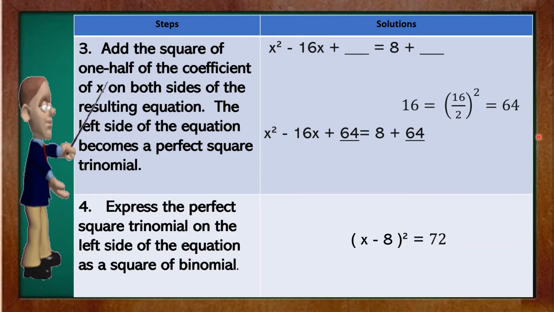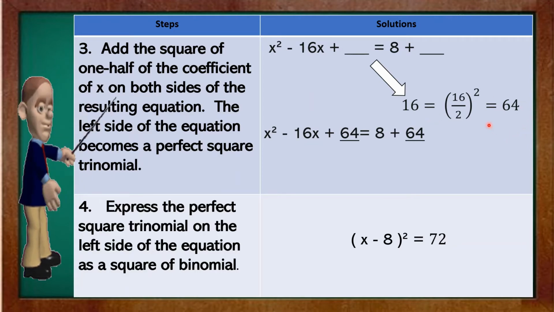The coefficient of x is 16. Let us get the half. What is the half of 16? Yes, that is 8. Then square it. 8 times 8 is equal to 64. Yes, and that will be our last term. So it will become x squared minus 16x plus 64 is equal to 8 plus 64. Yes, and that is correct.